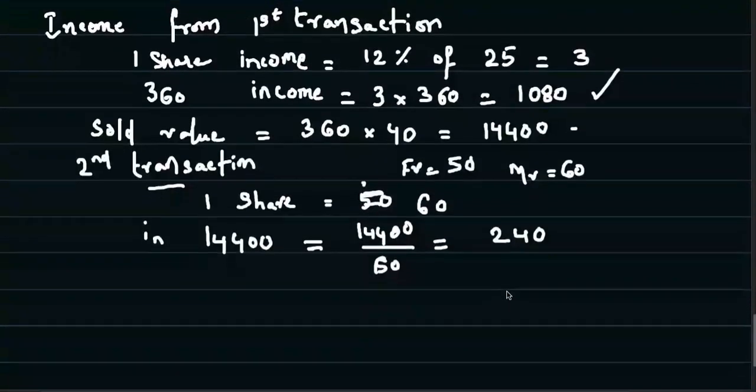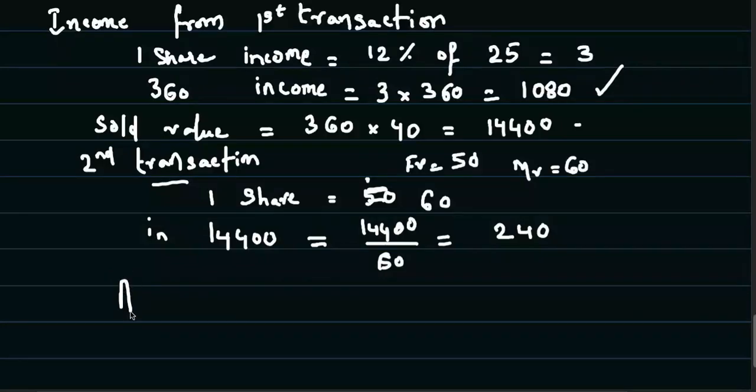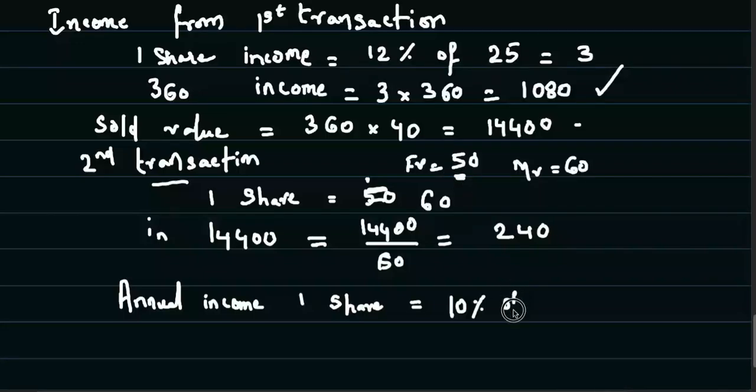Annual income, how much annual income? Annual income from one share equal to, what is the percentage given? 10%. Okay, from one share it will be equal to how much? 10% of how much? 10% of the face value, that is 50, which will be equal to rupees 5.